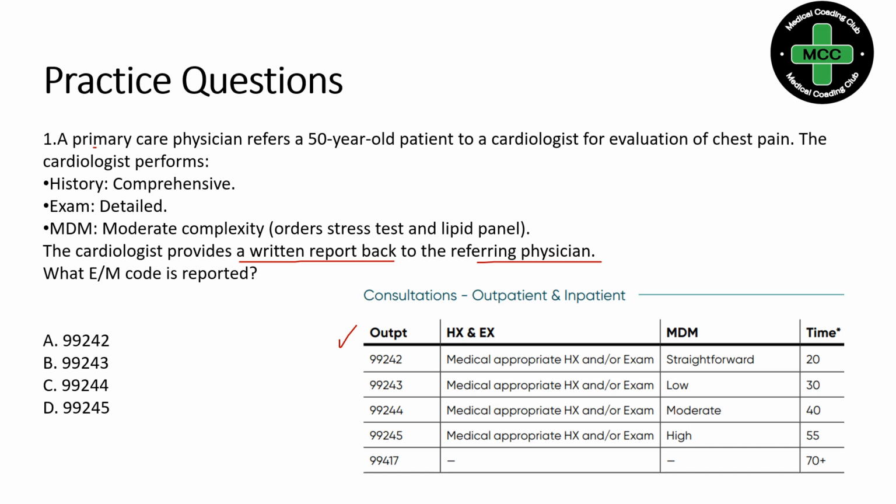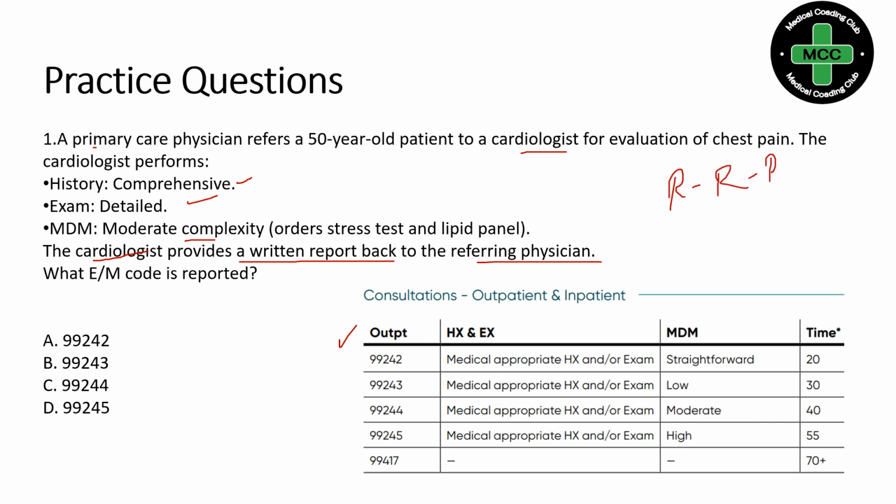The primary care physician, which means it's an outpatient setting, and the cardiologist is the consultant, another doctor. He agreed, performed a comprehensive history and detailed exam, provided MDM of moderate complexity, and then also provided the written report. So all three are being met.